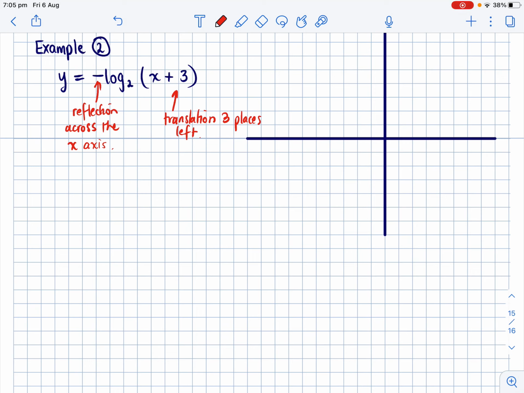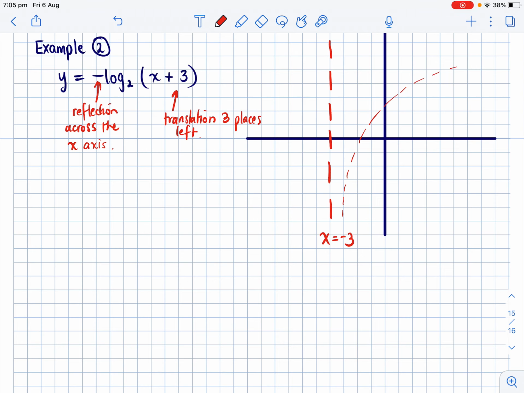Okay, so let's start with our base graph. Normally our base graph would have an asymptote at x equals 0. But if I move my graph 3 places to the left, that means my new graph is going to have an asymptote over here at x equals minus 3. My base shape would normally be something like this.